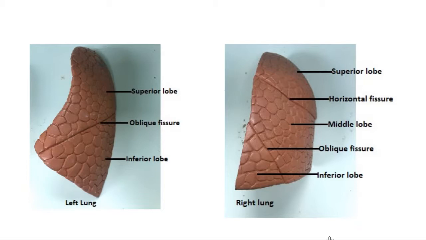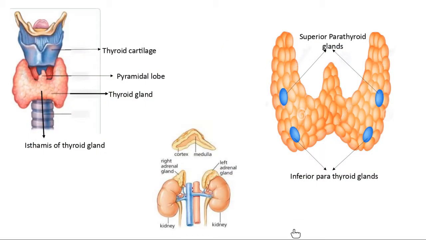Next. Here, these are the endocrine glands. So first, what you will do, identify this structure. What is this? You will write the thyroid gland. Okay.